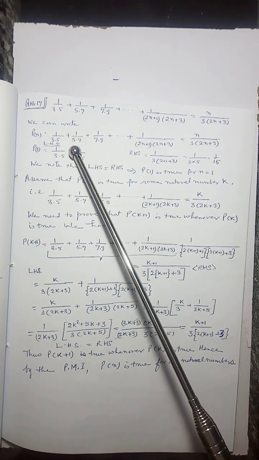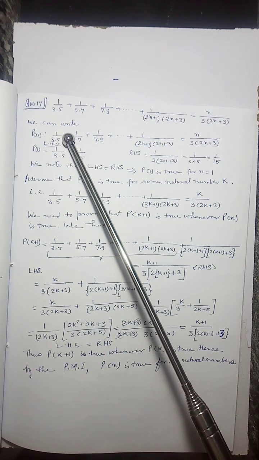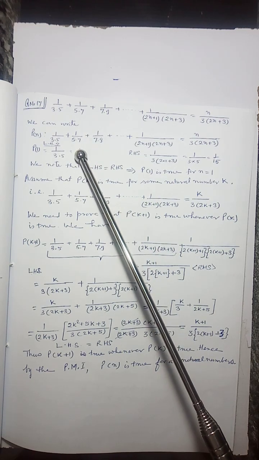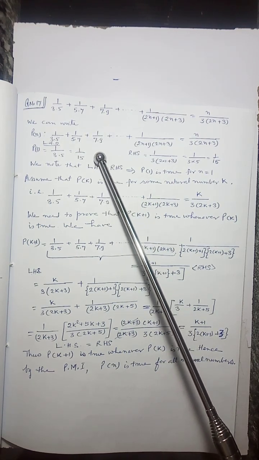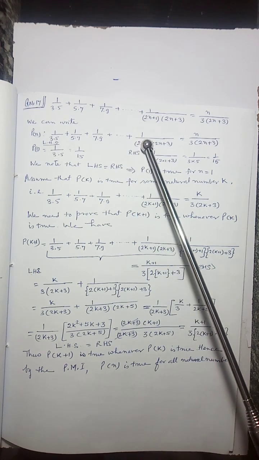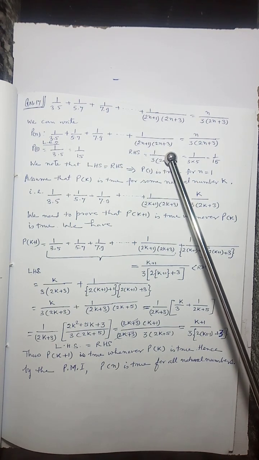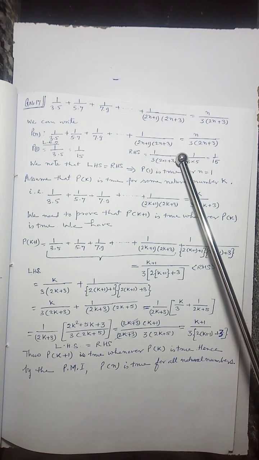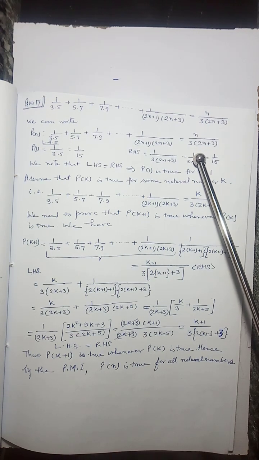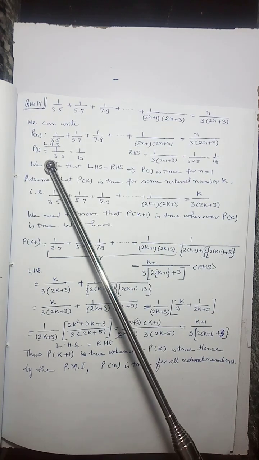We can write Pn such that 1 upon 3 into 5 plus 1 upon 5 into 7 plus 1 upon 7 into 9 plus ... plus 1 upon (2n plus 1)(2n plus 3) is equal to n upon 3(2n plus 3). So now we examine it.